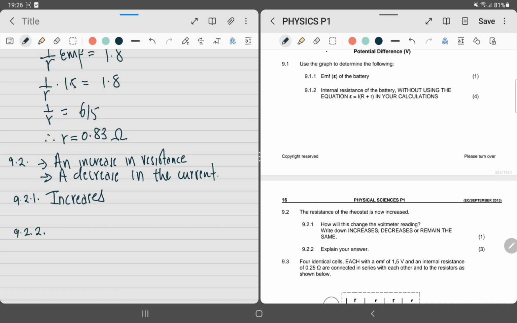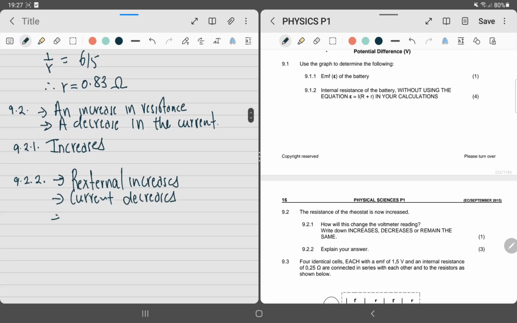9.2.2. Then we need to explain our answer. So we just say R external increases. Therefore, the current decreases. And then we'll just use this equation.